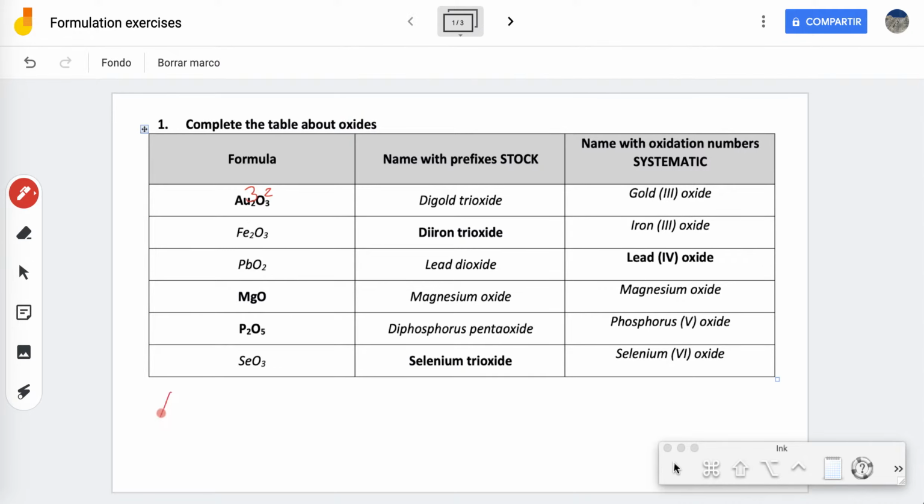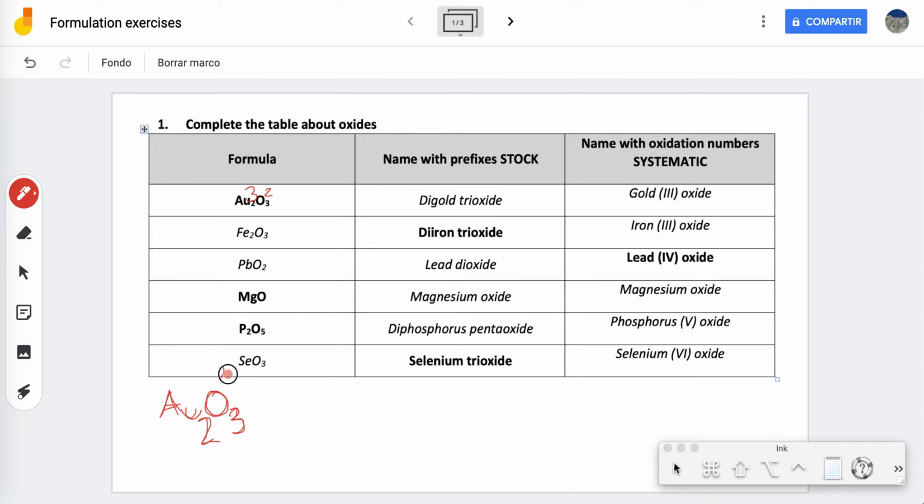I will write it here and then I will erase it. We have this compound. Yes, sorry about my handwriting. So we have 2 golds and 3 oxygens. Why can we put that here?